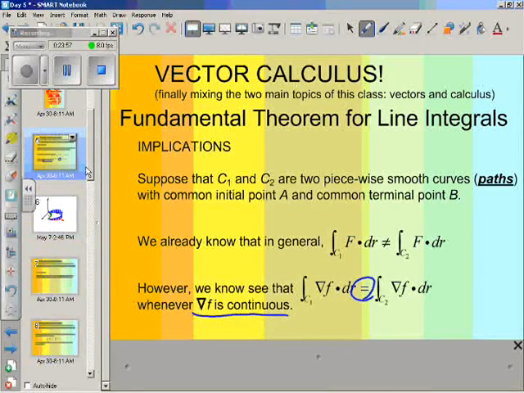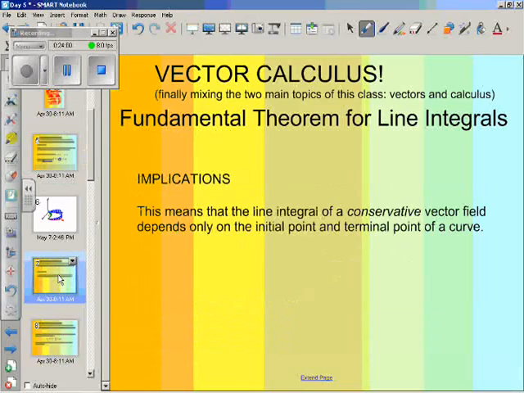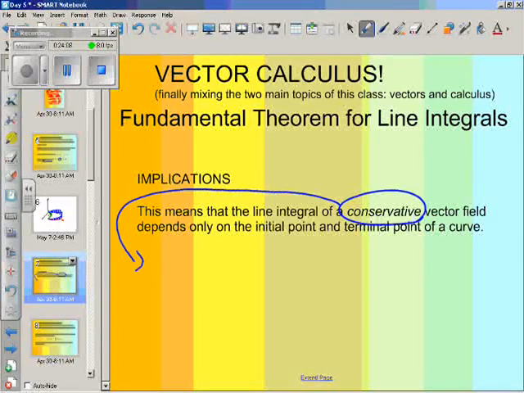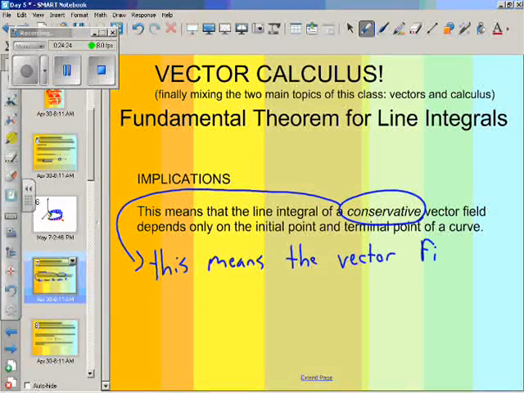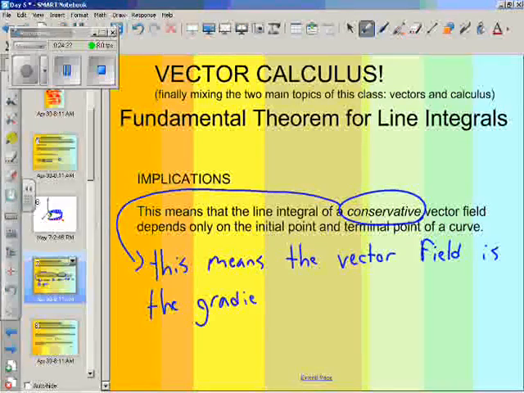And so, remember, we just defined a conservative vector field as a vector field that is the gradient of some function. So this just means that this vector field is the gradient of some function.